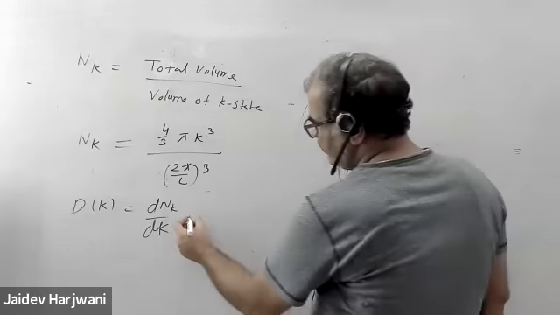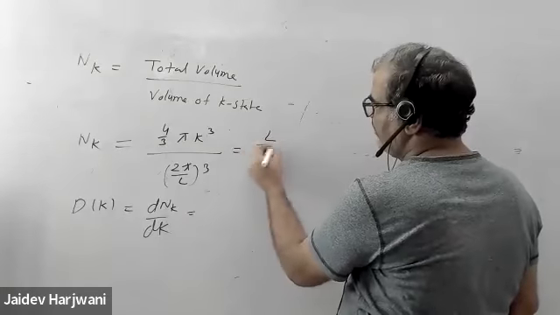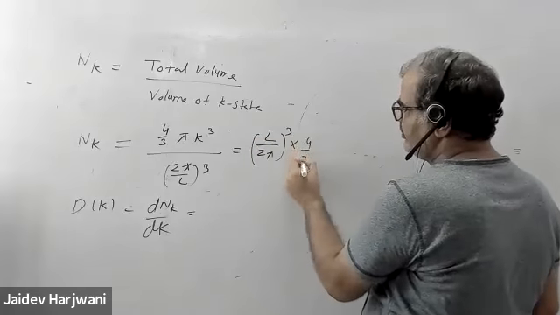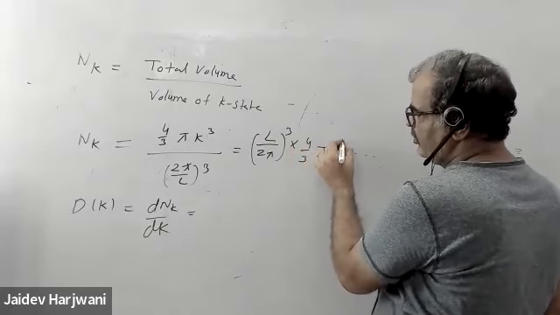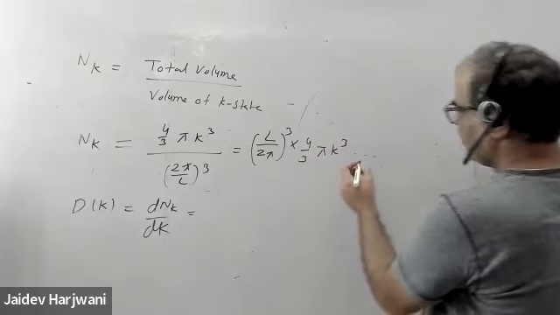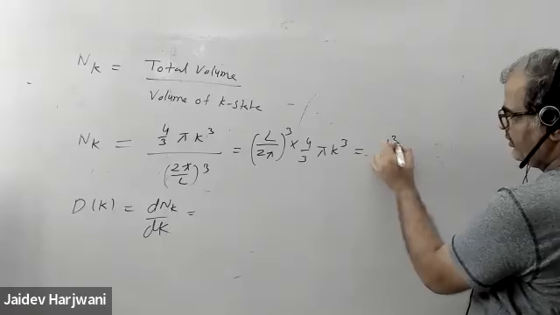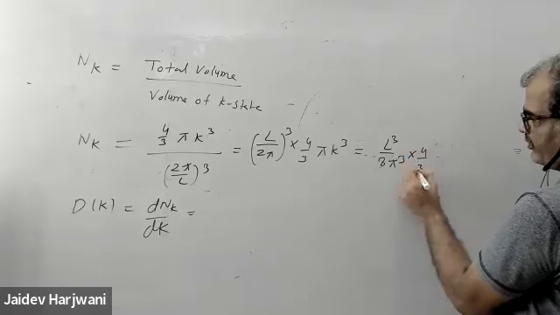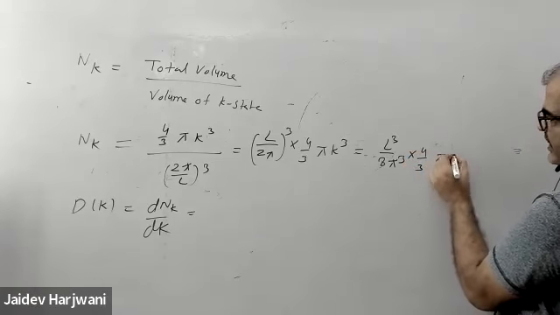So if you calculate this, it is equal to (L/2π)³ times 4/3 π k³. If you solve this, what will come? L³/8π³ times 4/3 π k³.